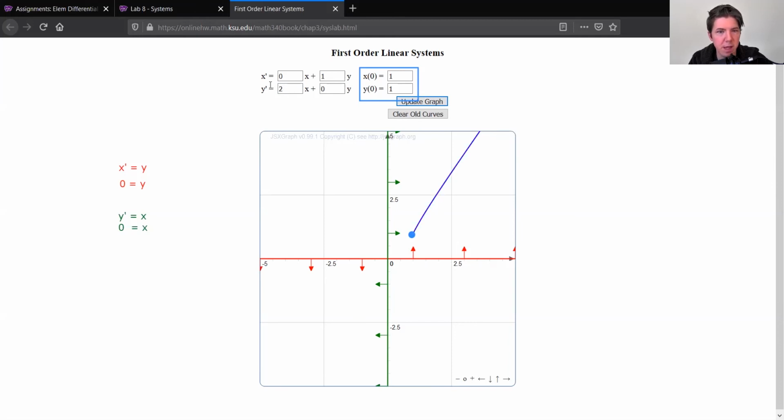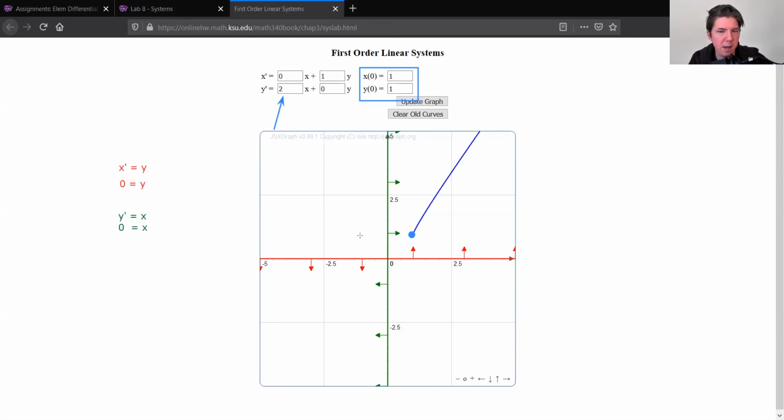That's because we have the y prime curve weighted more. I changed that to a 2, where before it was a 1. So there's more push, quote unquote, from one nullcline than the other. So you won't necessarily see how much weight each of these nullclines have. They just give you a rough idea of what the solution curves look like.